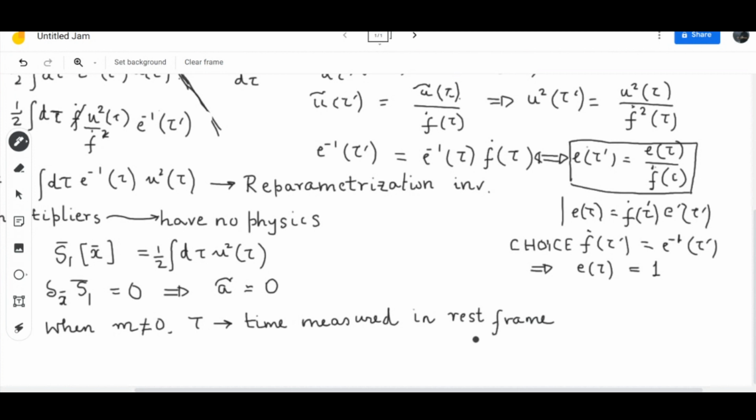But as you all know, when the mass vanishes, the particle does not have any rest frame. So what do we mean by time measured in the rest frame if there is no rest frame? So that is why, although I keep writing it tau, some books say that you should not write tau, because some people might be confused that tau is the proper time when there is no proper time in the massless case.